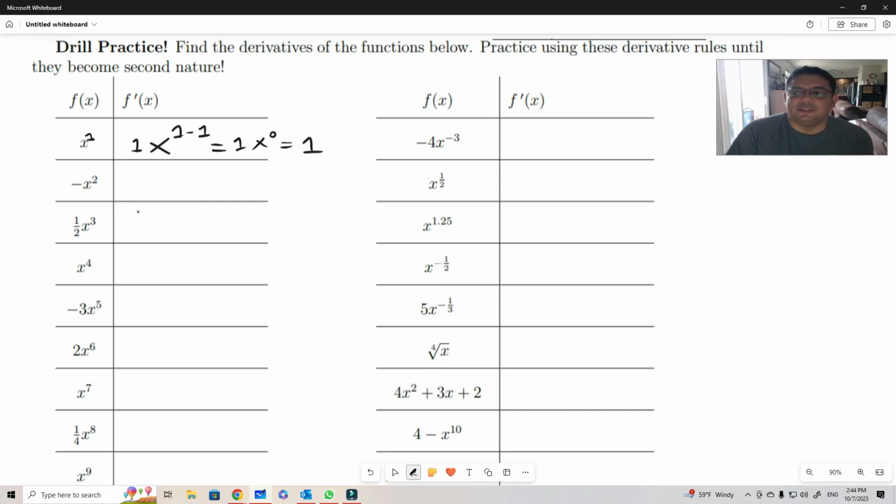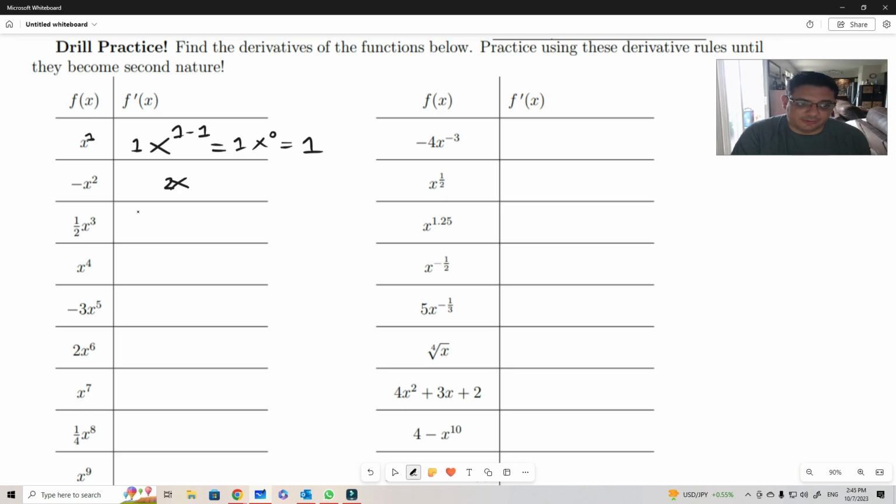Now, signs are not going to have a big influence on the derivative, nor will constants multiplying our powers or functions. If we have f of x equals minus x squared, we follow the derivative of x squared. The derivative of x squared is, we put down the 2, x to the 2 minus 1, which is 1, so we can leave it as 2x.